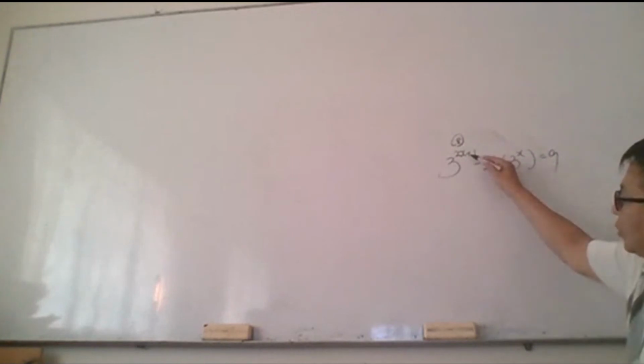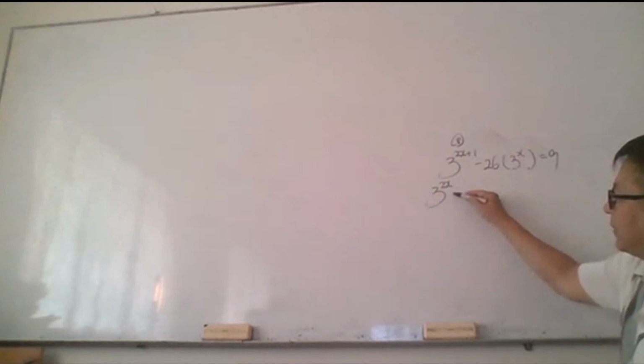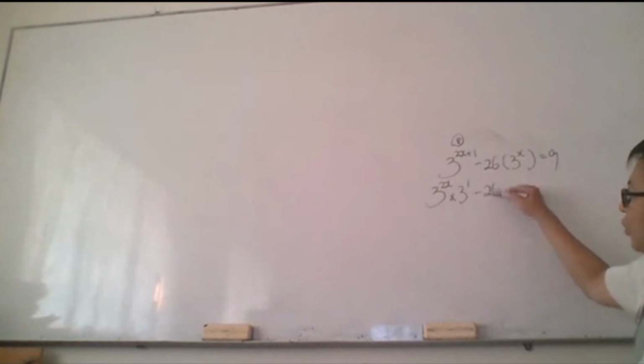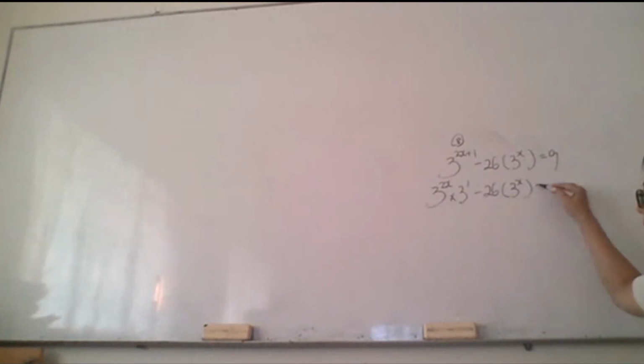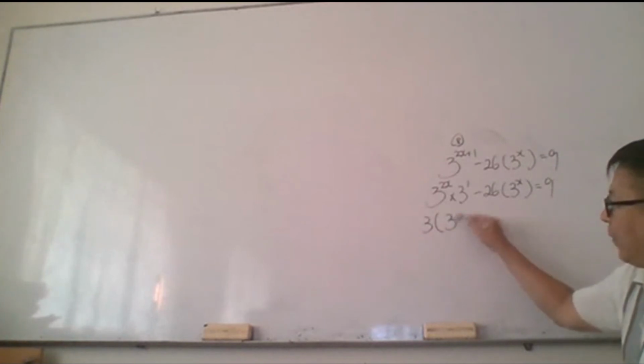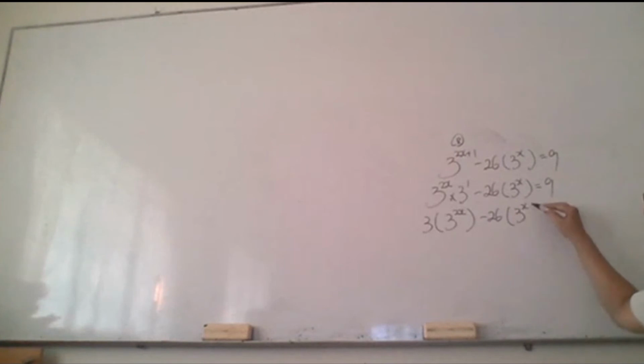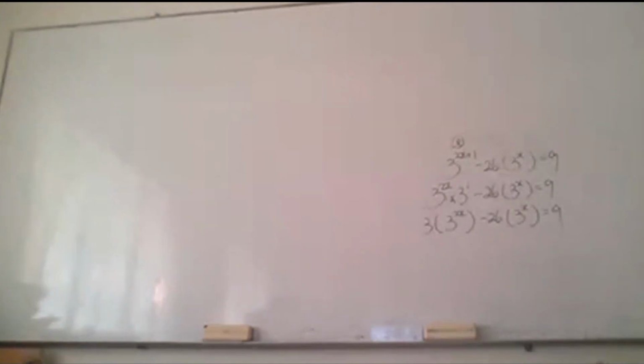Okay, so now we know that 3^(2x) minus 26 times 3^x minus 9 equals 0. I will put 3 followed by 2x, minus 26, 3^x. Maybe you see that and ask, why so weird? This is 2x and this is x.